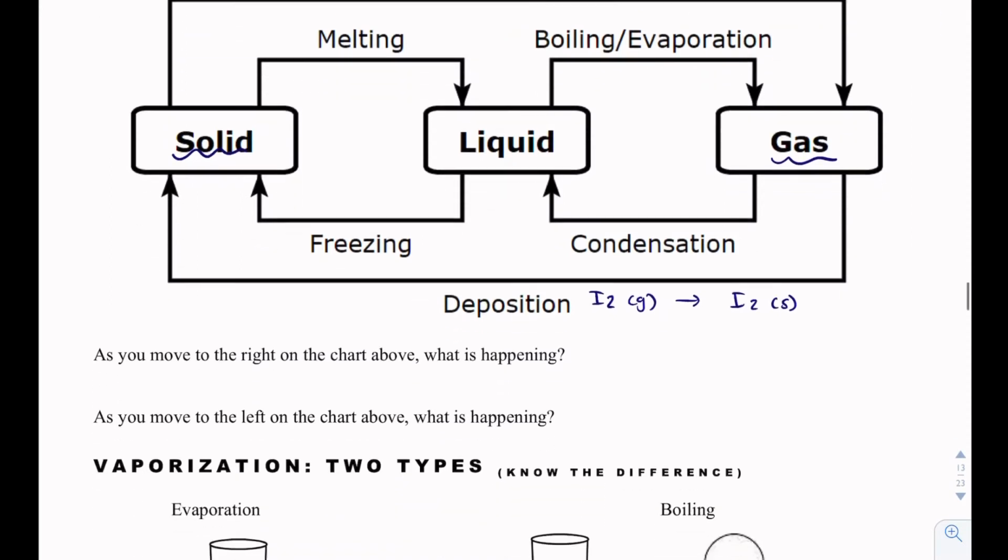So the question says, as you move to the right on the chart above, what is happening? So as we move to the right, our particles are becoming further apart from each other. And we would say that their intermolecular forces are decreasing.